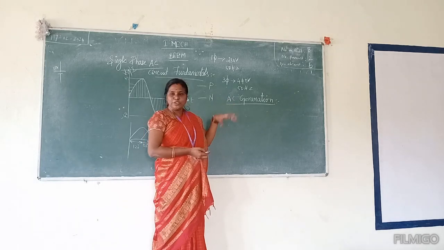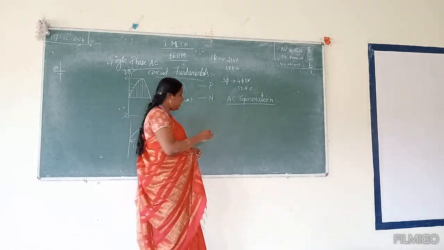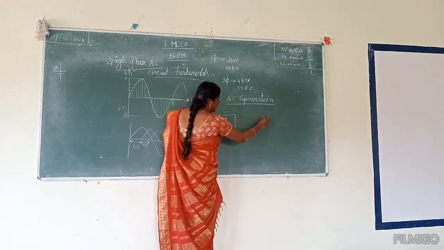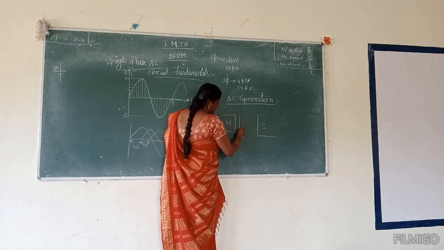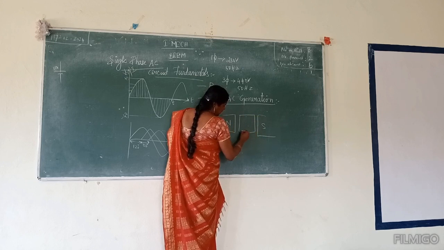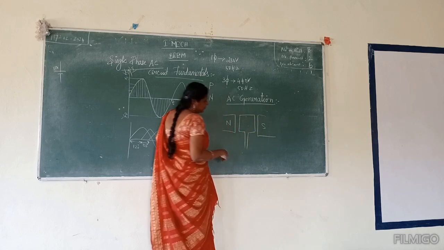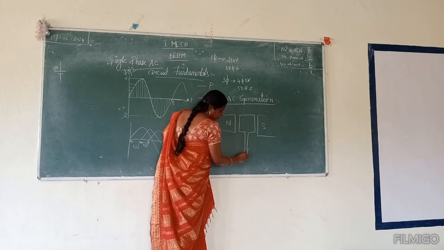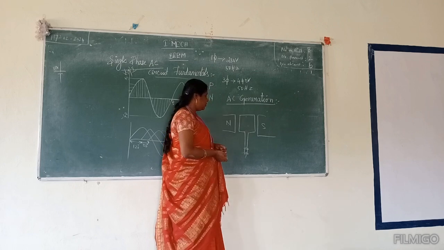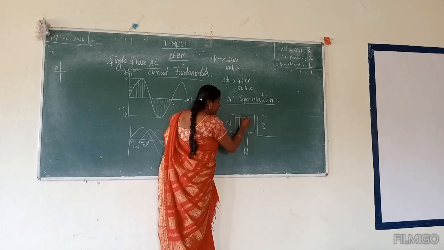How are we going to generate an AC signal? We have two magnets, a permanent magnet, and a coil placed between the magnets. We have brushes, commutators, all those things. So now an EMF.